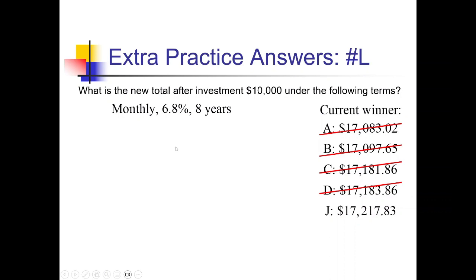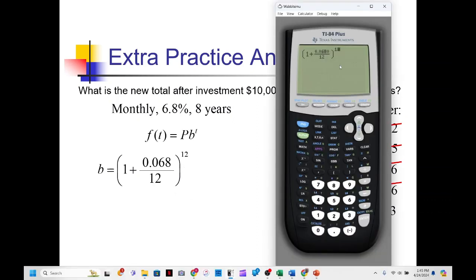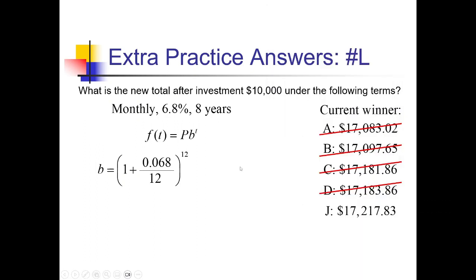On Plan L, we've got monthly compounding, 6.8% interest, which is pretty good, 8 years. So PB to the T. This time we've got 0.068 divided by monthly, so 12 and 12. Plugging that in, we got 1.0702 if I round that off.